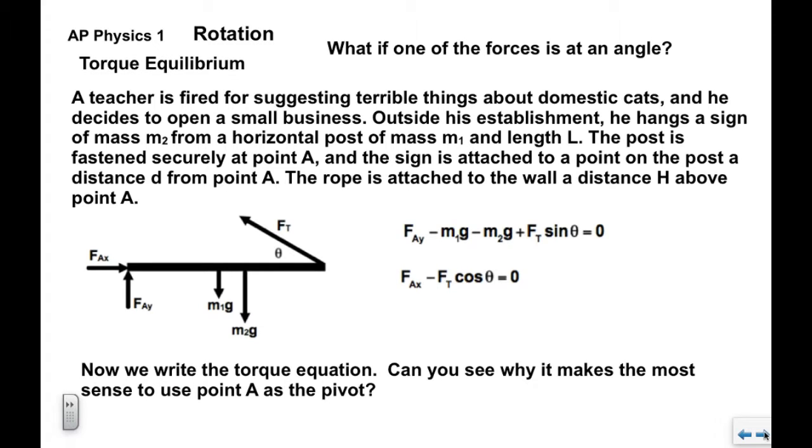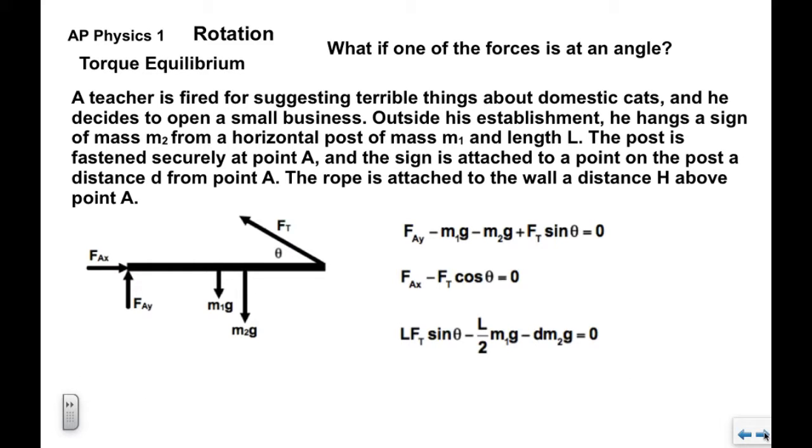And now the torque equation. Can you see why it would make the most sense to use point A as the pivot? Okay, we have two unknowns there, and they both go away when we write the torque equation, which is really nice.